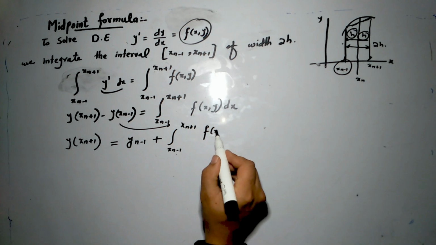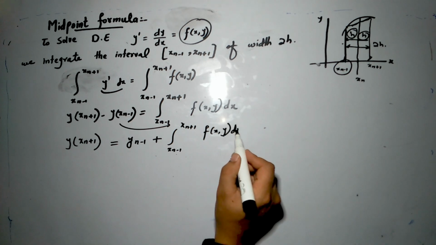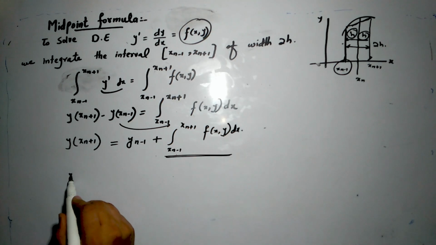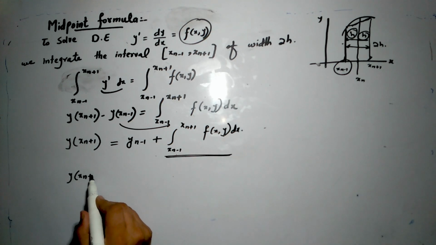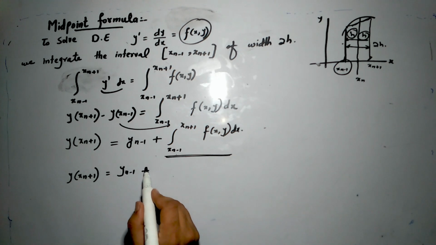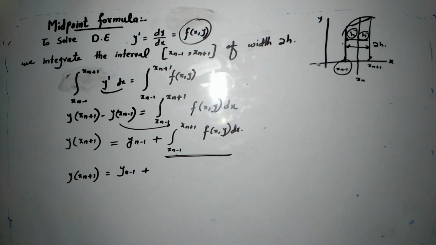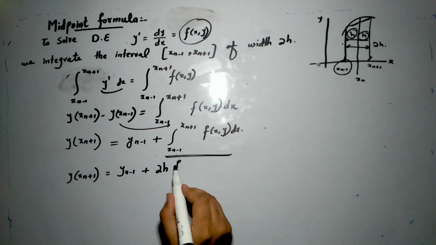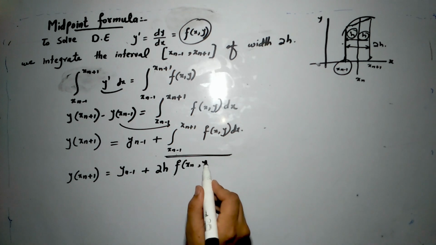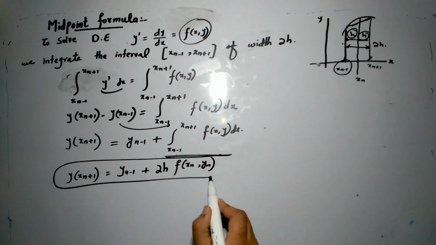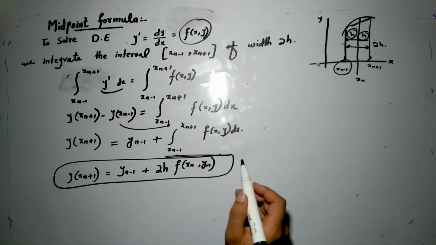Similarly we can write this expression as y of xn plus 1 is equal to y of xn minus 1 plus, after simplification, 2h times f of xn and yn, for the first order differential equation.